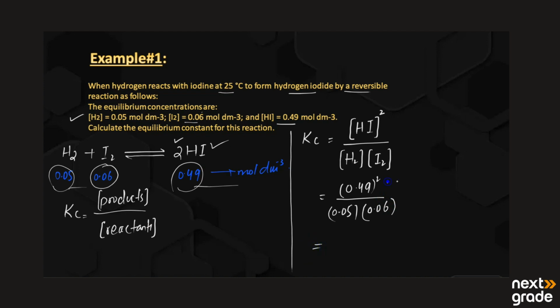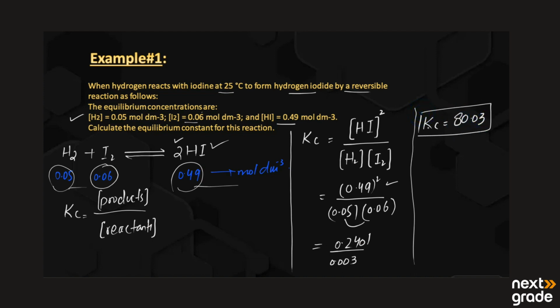By finding the square of this value we will get 0.2401, and by dividing by the product of 0.05 into 0.06, which is 0.003, and solving, we get the value of Kc equal to 80.03. So this is the Kc for this reaction.